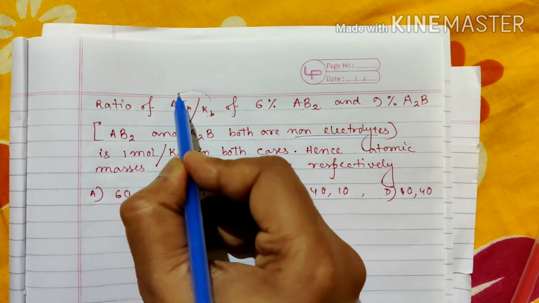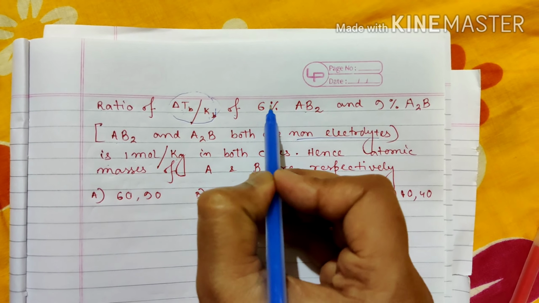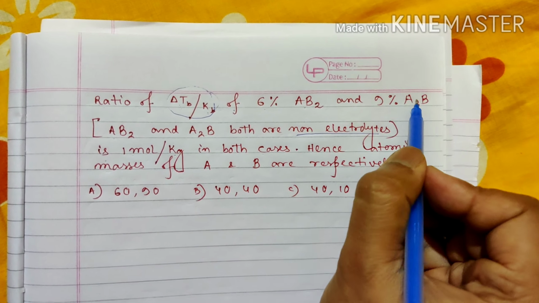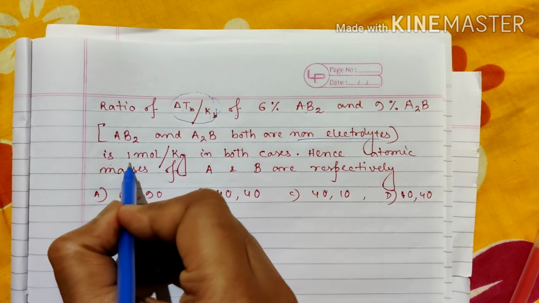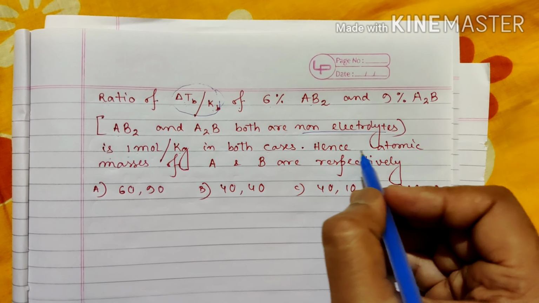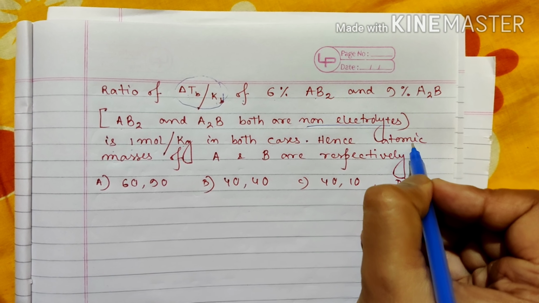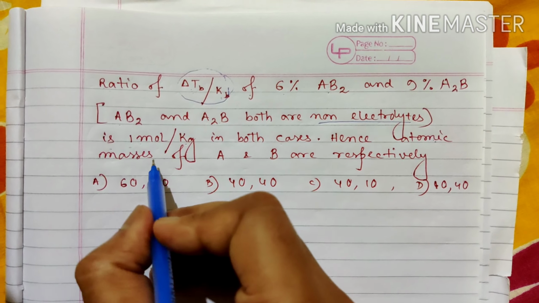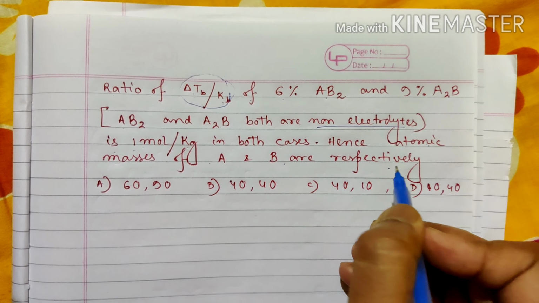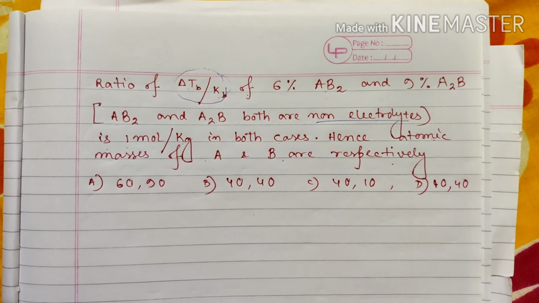That means they are calculating delta TB by KB for 6% AB2 and 9% A2B, and they are getting it as 1 mole per kg in both the cases. Question is, hence atomic masses of A and B are respectively, 4 options are given.